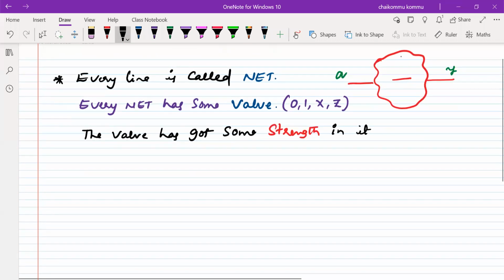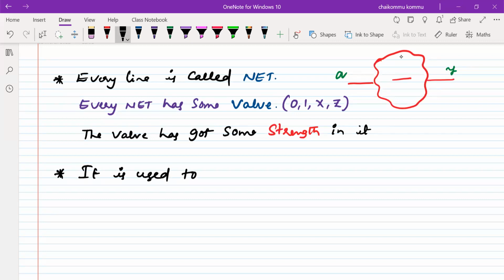Now, what is the importance of understanding this strength? Explicitly, it is used to resolve the contentions, the signal contentions. We will talk about this.